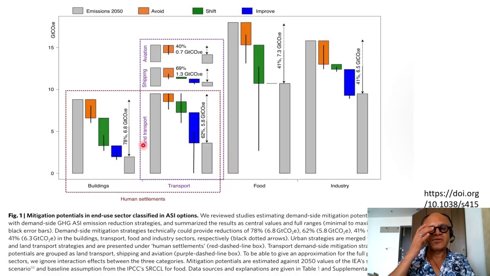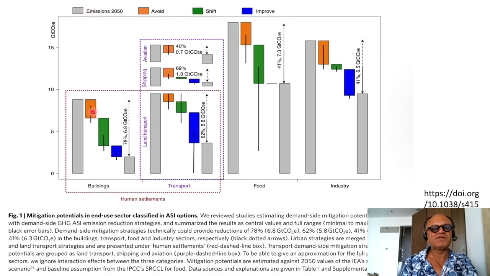And the sectors are looked at here as human settlements, which include buildings, transport, including shipping and aviation, and there is the food sector and industry. And these are the projected emissions by 2050.